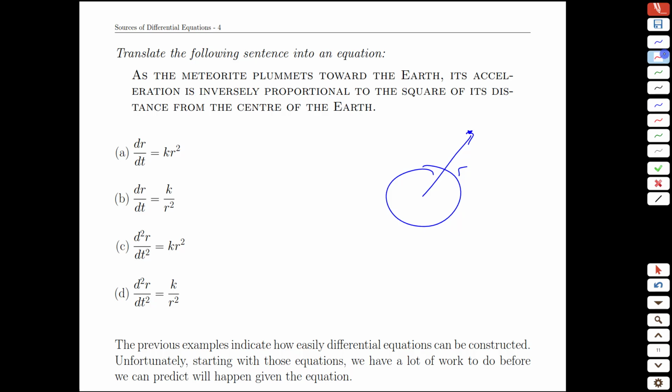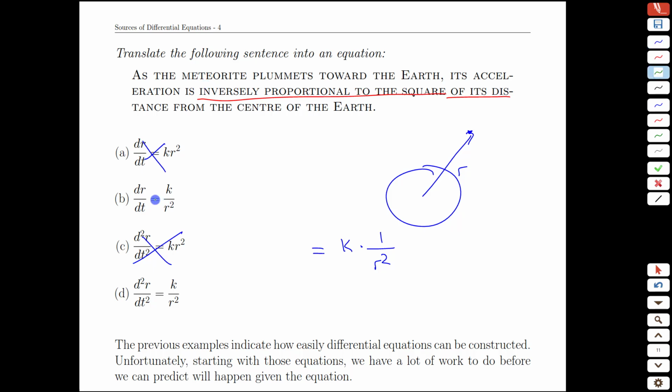All right, let's focus on the second half first, just because that's more like what we've seen already. Inversely proportional to the square of its distance, that is equal to a constant times, inverse means one over the square of the distance. So we're looking for this kind of formulation, k over r squared, not k times r squared, because of the inverse.